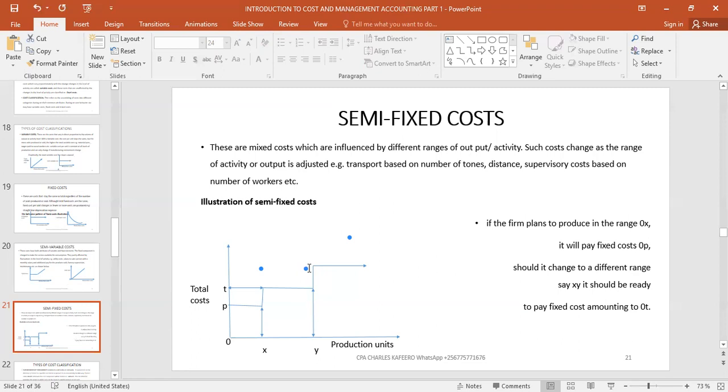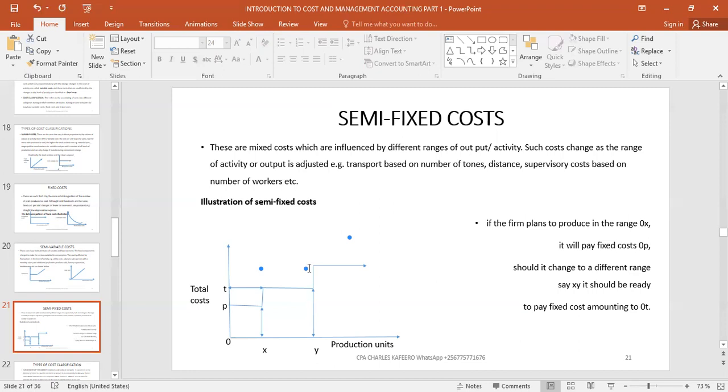Here we can talk about another example, transport based on the number of tons. If transport cost is charged depending on the kilograms or the weight of the items someone is transporting, you may find that the person with high weights or tons of a certain product will be paying higher costs than the other.